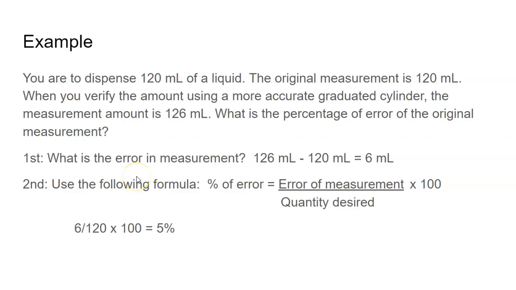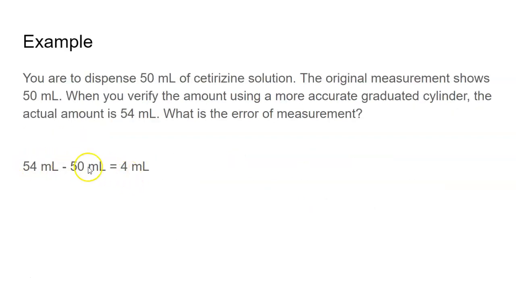So let me go back to this. Now, if this was reversed, we got a negative number. Whenever you get a negative number in error, for percentage of error, you want to use an absolute value and just get rid of that negative number, because we're figuring out a percentage of error. So don't let that negative number throw you off.